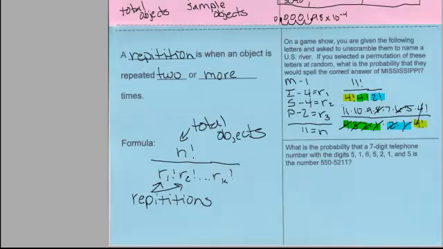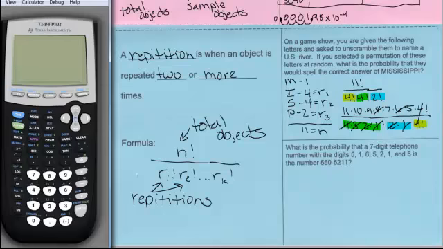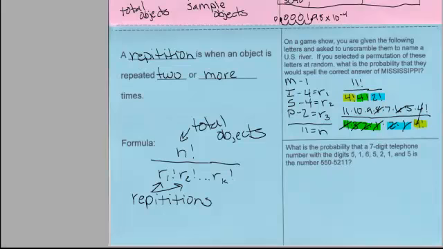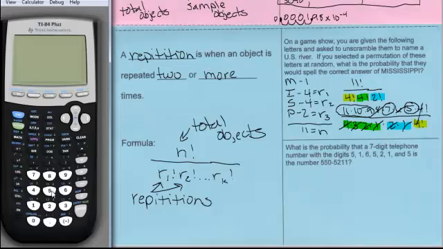So in our calculator, we just have to do 11 times 10 times 9 times 7 times 5, because we canceled all those other things. Those are the ones that did not cancel.